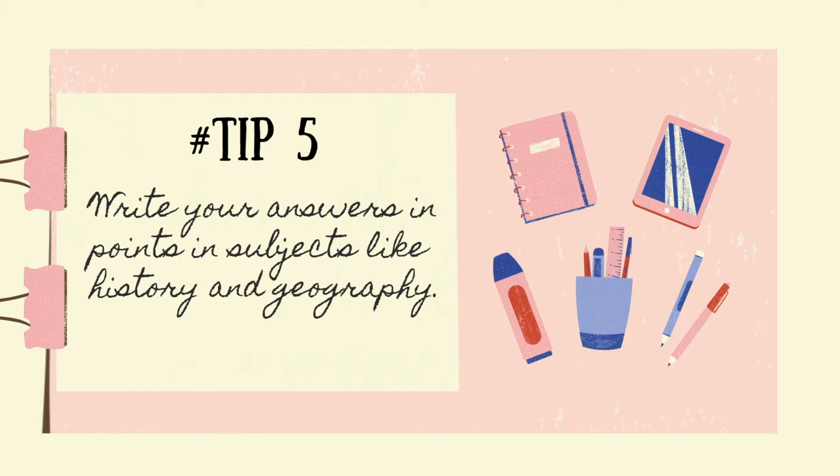Suppose you have been allotted 4 marks, then you can always write 4 points for the answer. If you're not sure about the points, then you can obviously add extra points, but yeah, you should always write according to the marks that you have been allotted. You should not write more or you should not write less. So this is the thing that you should keep in mind. And let us move on to the next tip.